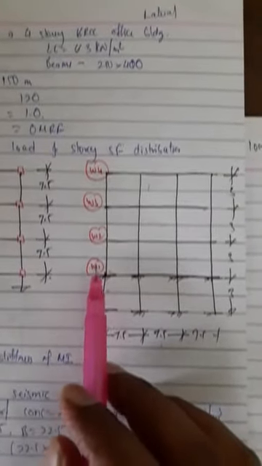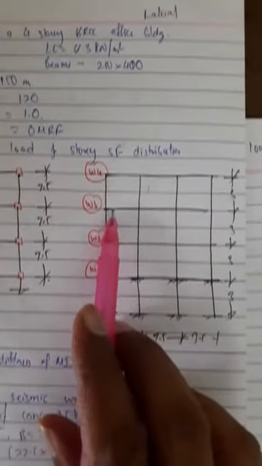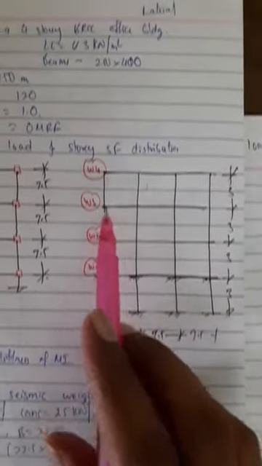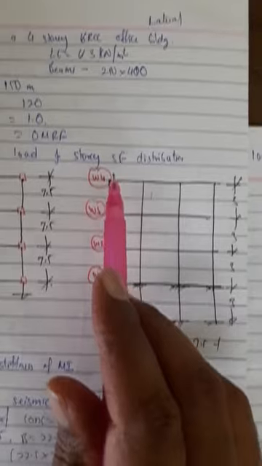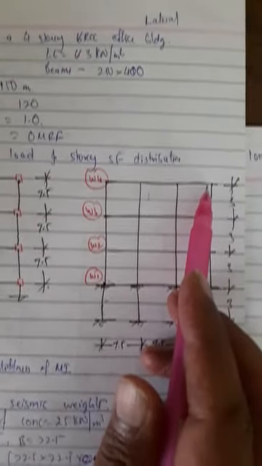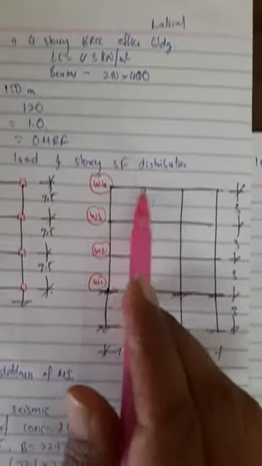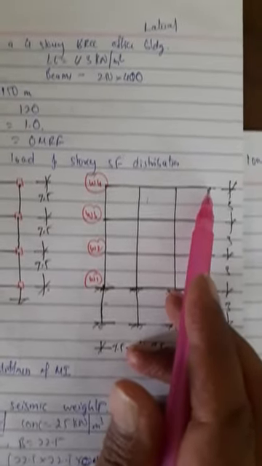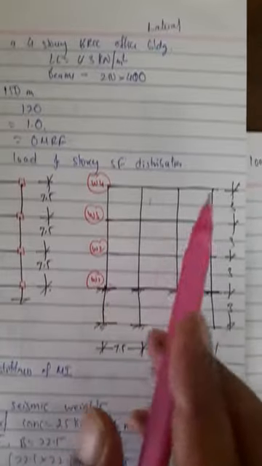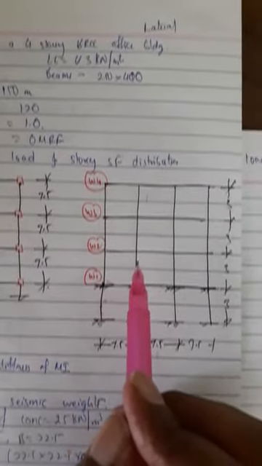And W1 is the same for W1, W2 and W3. But if you look at the top floor, here live load does not act because we are assuming that on the top floor there is no live load, and also there are no loads of wall or column. According to code specifications you have to calculate W4. For W1, W2, W3 it is dead load of slab, beams, column, wall and live load.